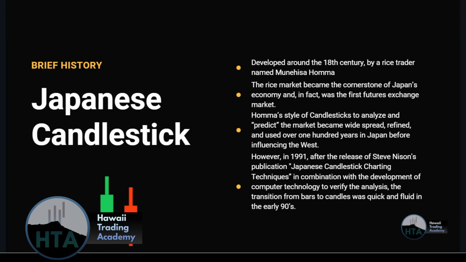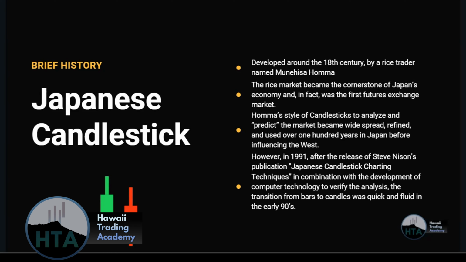The Japanese candlestick was developed around the 18th century by a rice trader, Munehisa Homma. I'm probably butchering it. Back in the 18th century, they were trading the rice market. How much does your rice cost? Oh, my bag of rice is 5 yen. Yours is 10.